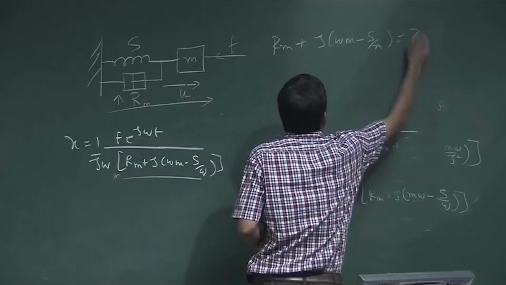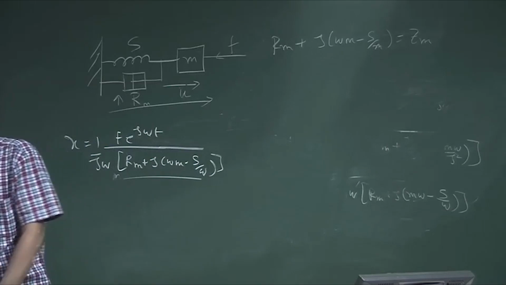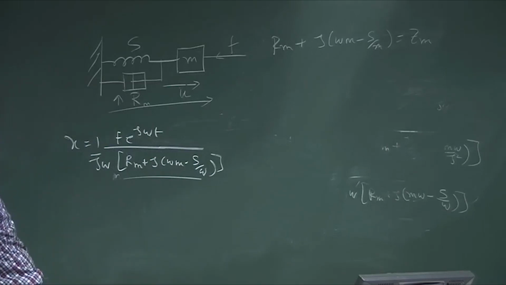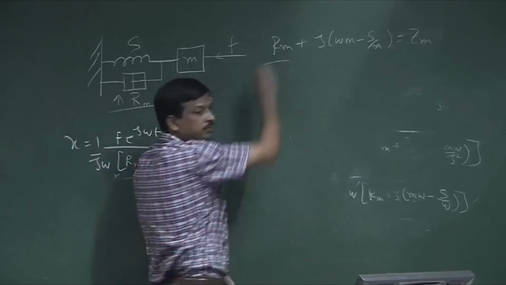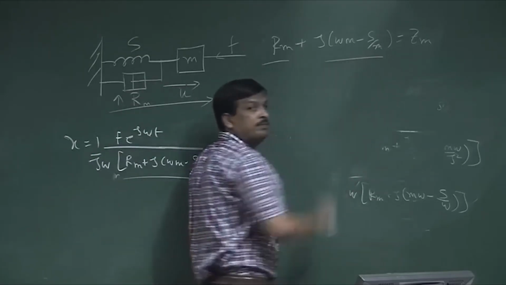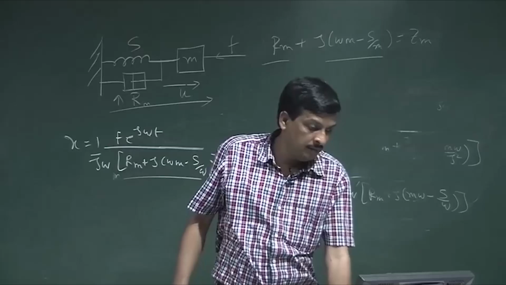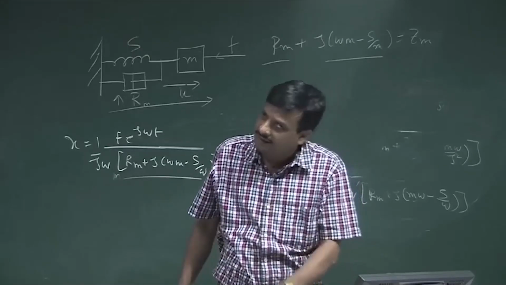Let us consider this part, r m plus j omega m minus s by omega. This is nothing but Zm, which is called mechanical impedance. Zm has a resistive term, mechanical resistance, and mechanical reactance.